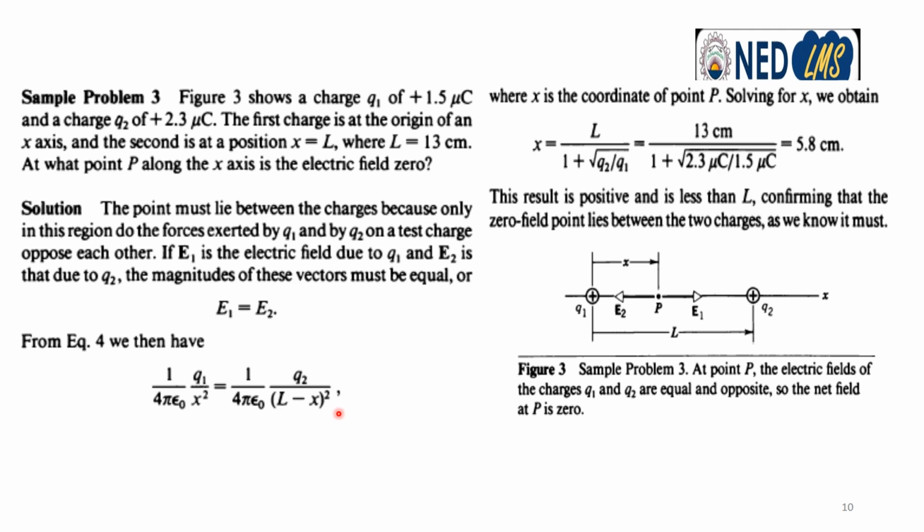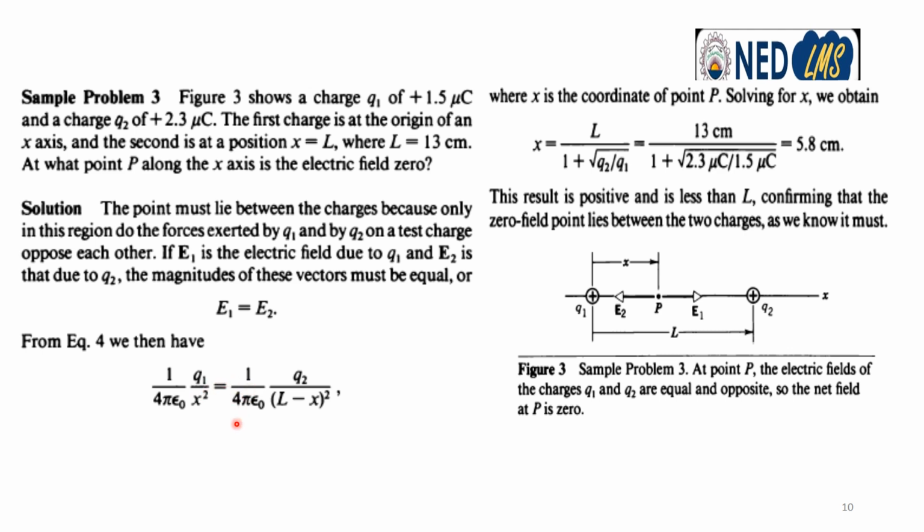Okay, so rearranging all of these, because we want to find x, because x is the distance where the electric field will be 0. After the calculation, first of all 1 over 4 pi epsilon naught will be cancelled, because it is the same on the left hand side and the right hand side.